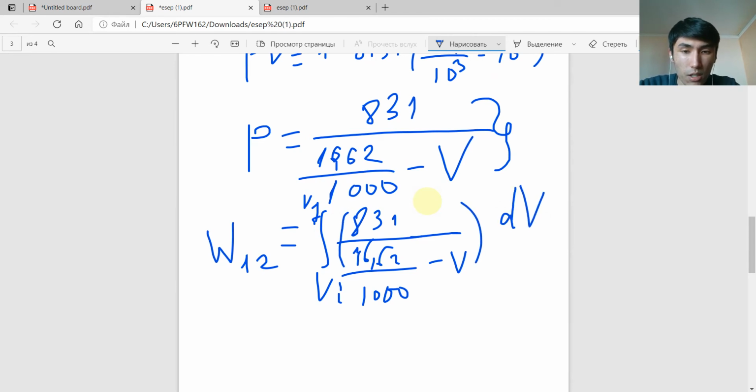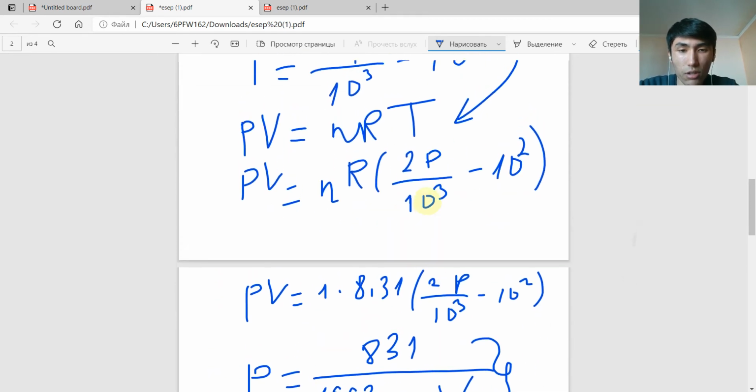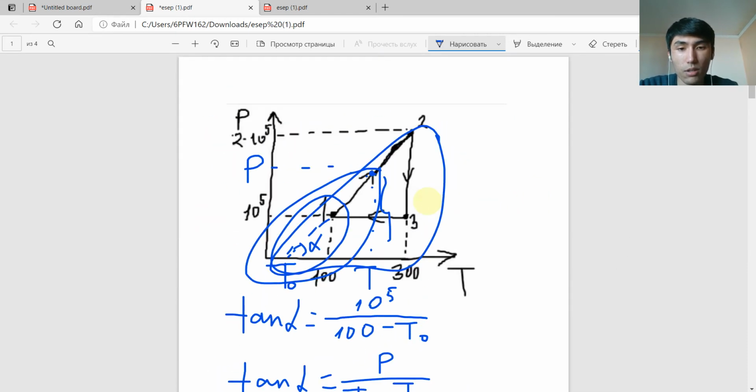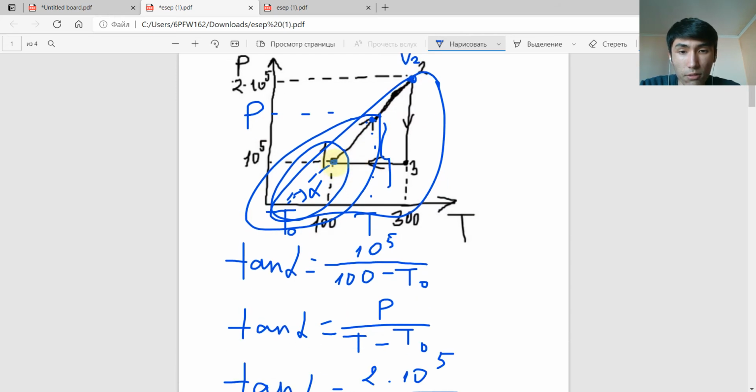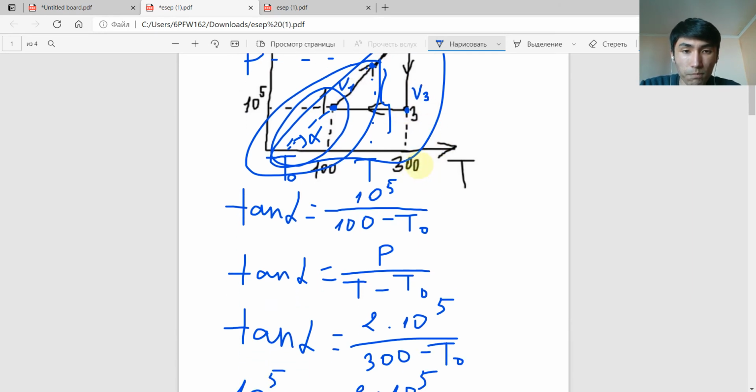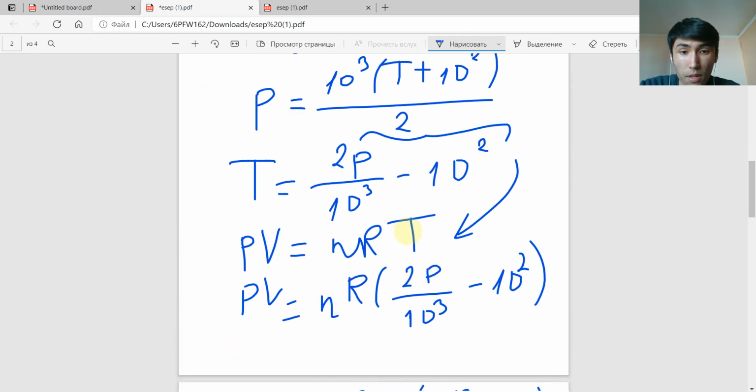So V final and V initial, what does it mean? V final is here, we can write it V2, and here V initial is V1, that's right. And here V3 is also needed in the future equations.